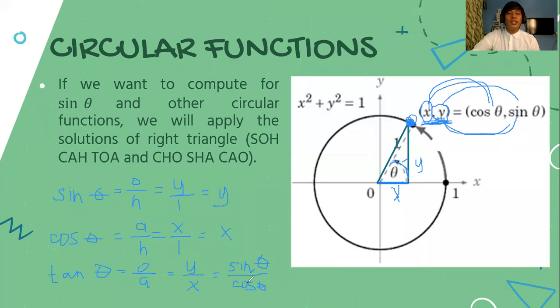So therefore, we can also conclude that the tangent function is a ratio between sine theta and cosine theta. So let me summarize everything. Sine is y, cosine is x, and tangent is y over x, or sine over cosine.